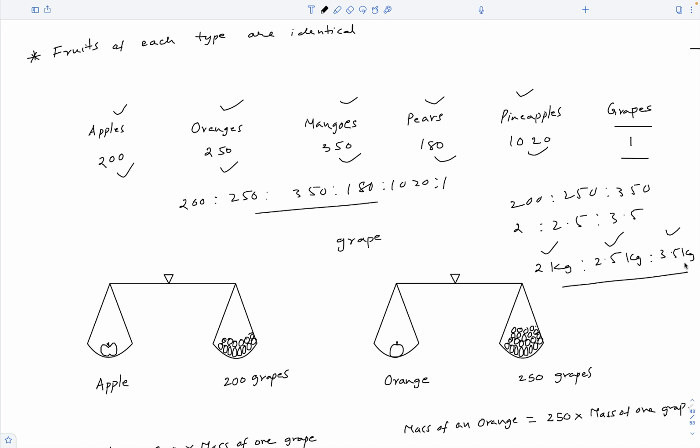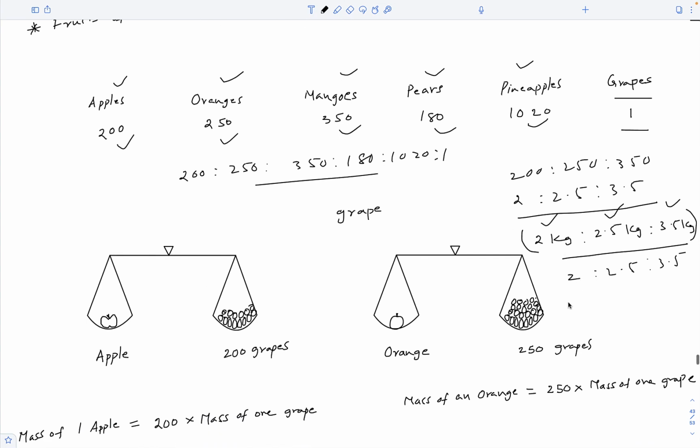of these weights is equal to the ratio of their relative masses, we are guaranteed to have equal number of fruits in these quantities of apples, oranges and mangoes. As simple as that.